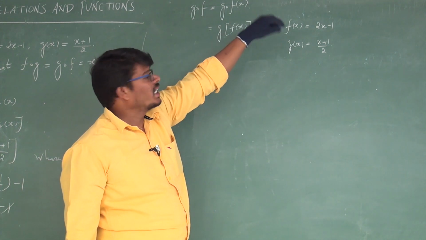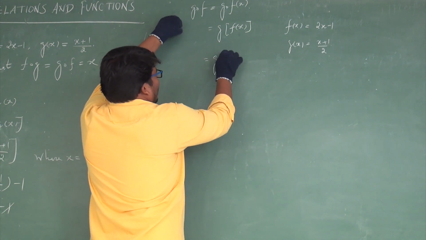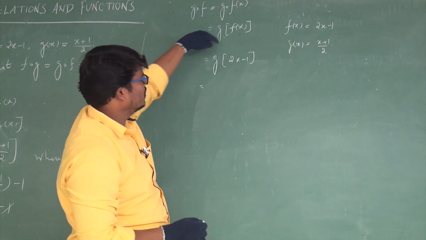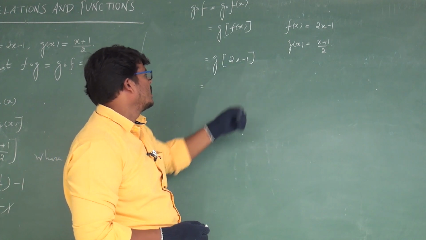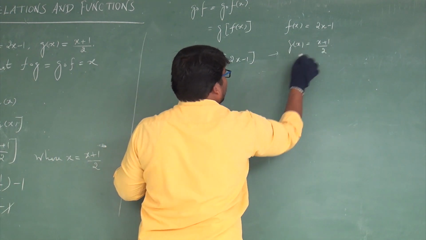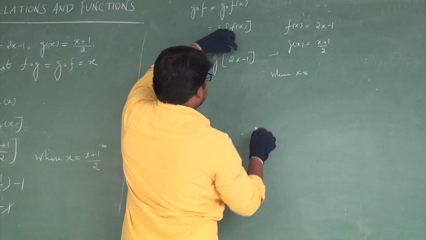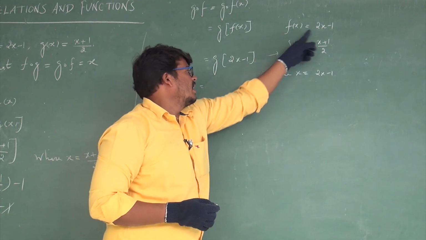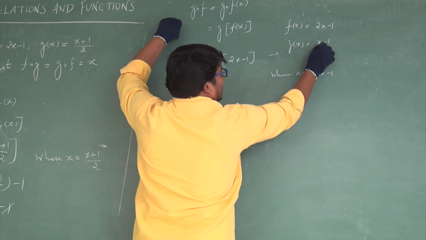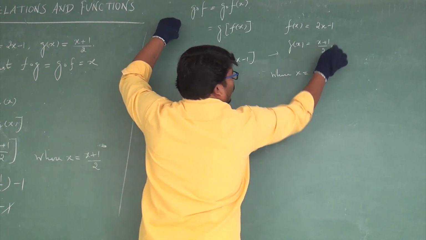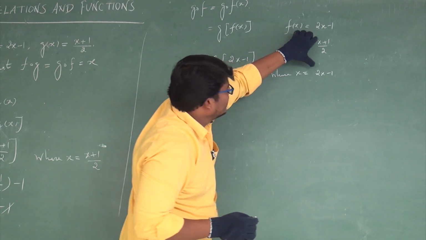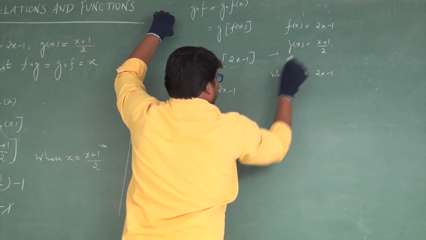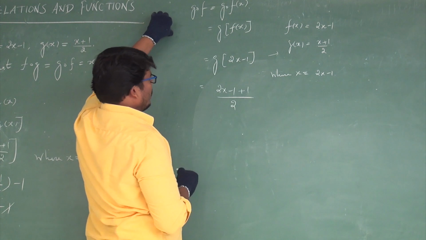The entire function is g of x, where g of x is (x plus 1) by 2, and x is replaced by 2x minus 1, so that it becomes (2x minus 1 plus 1) by 2.